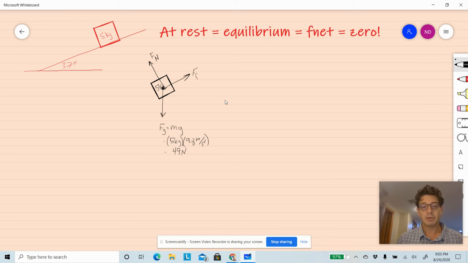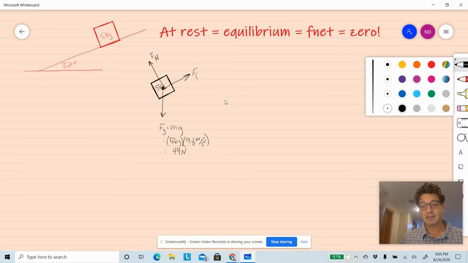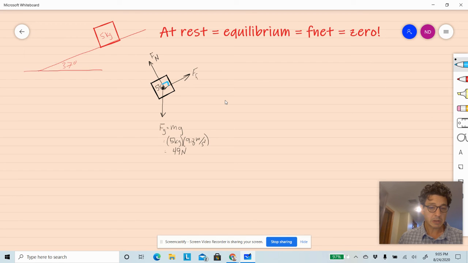All right. Now, if you remember in the notes, we said on a ramp, on an inclined plane, we're going to rotate our axes. And here's something super, super cool. These two forces are at right angles to each other. Along the ramp and into and out of the ramp.